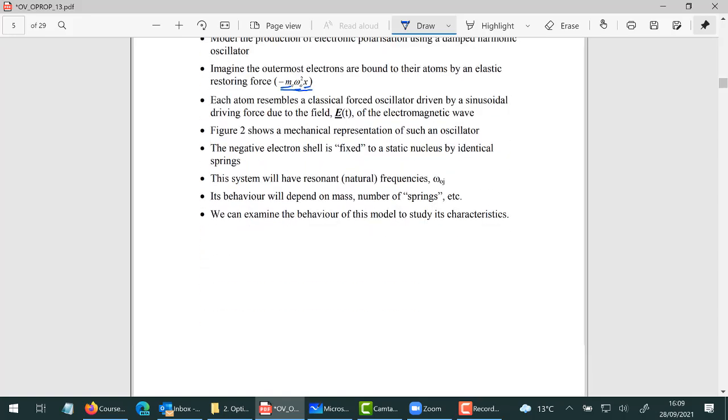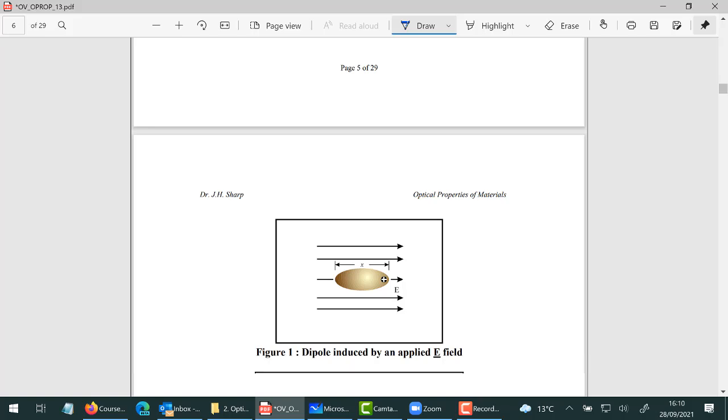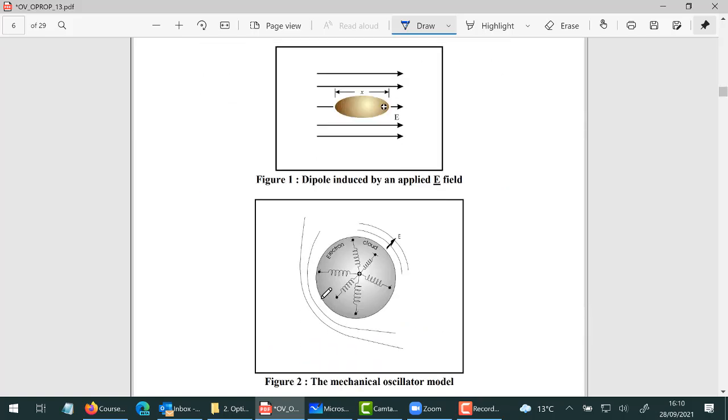Okay. So let's have a look at that. For our electron cloud, our whole electron cloud is oscillating backwards and forwards as the electric field is driving it into oscillation. And we can think of this then as a nucleus in the middle here with a positive charge, and each of these electrons is attached to the nucleus by some sort of spring.